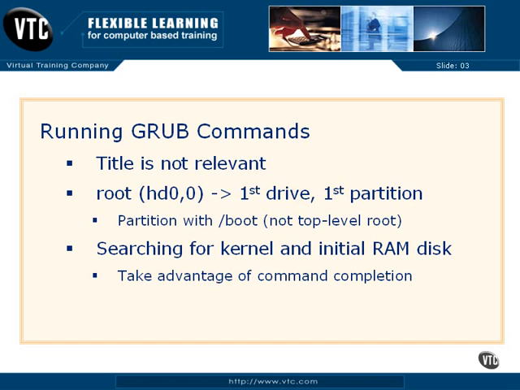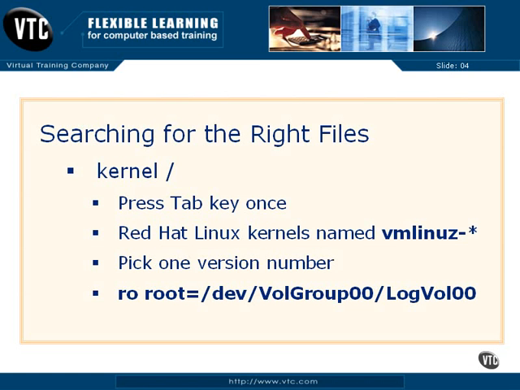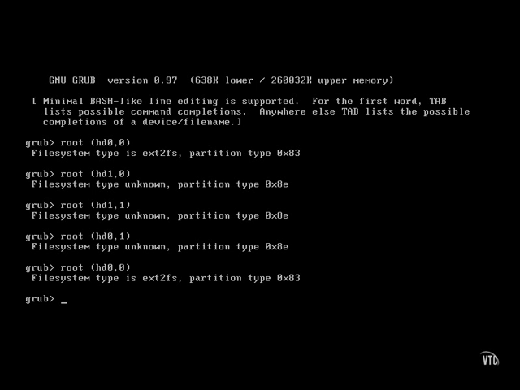Now that we've identified the partition with the boot directory, we will search for the kernel and initial RAM disk files. Let's search for the kernel file. With the kernel directive, the / goes to the top level of the boot directory, assuming it has our kernel.